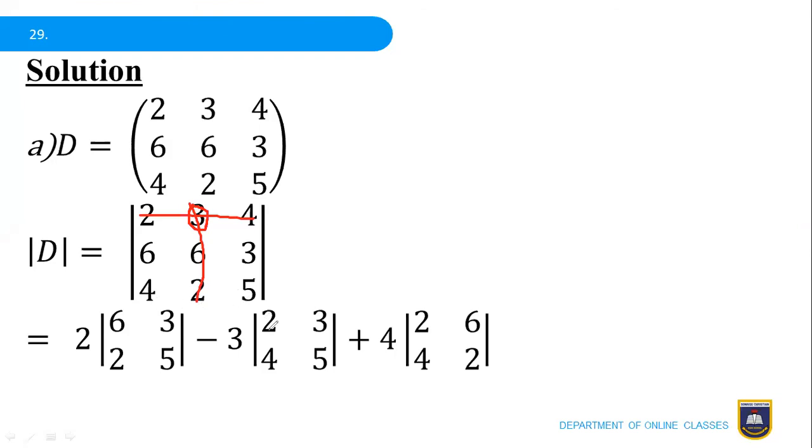Then the next one, I'll pick 4. If I pick 4, then I'll cancel the first row and the third column. So we are left with 6, 6, 4, 2. Please solve that and give me your answer.